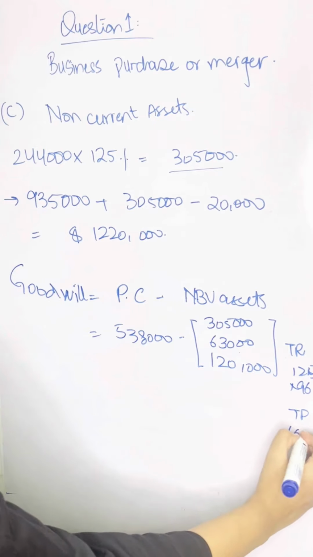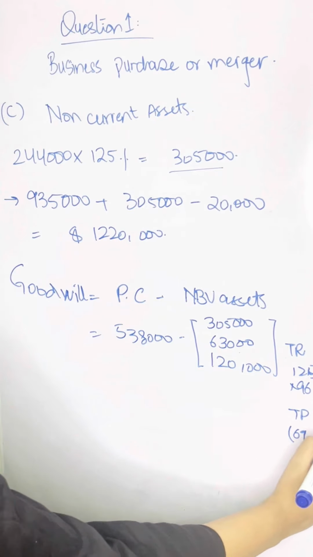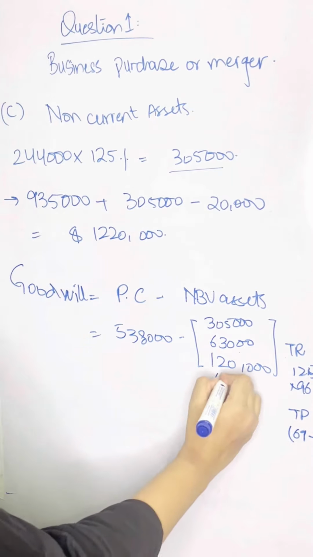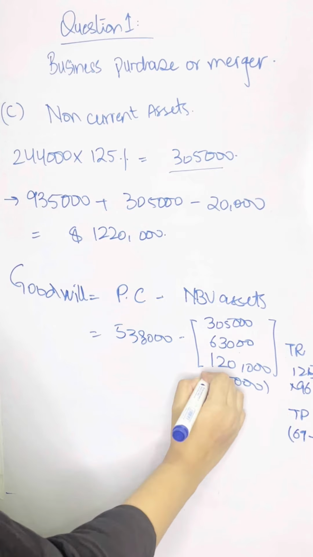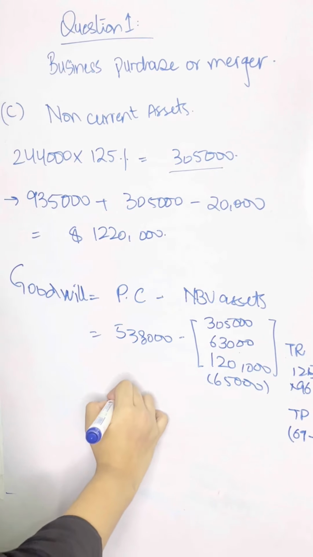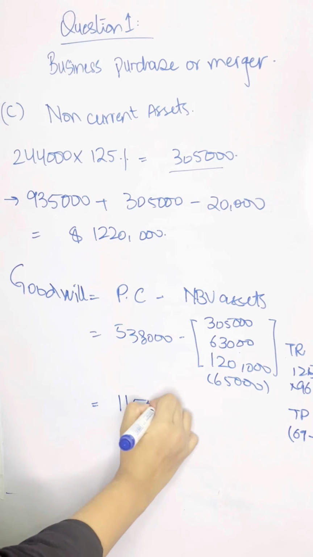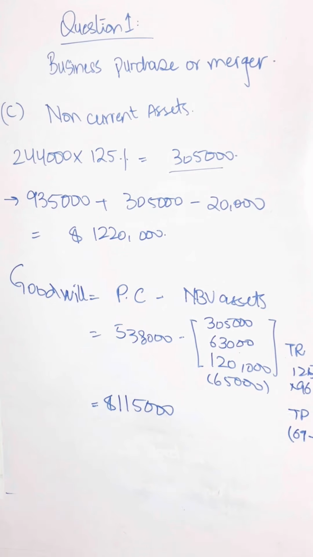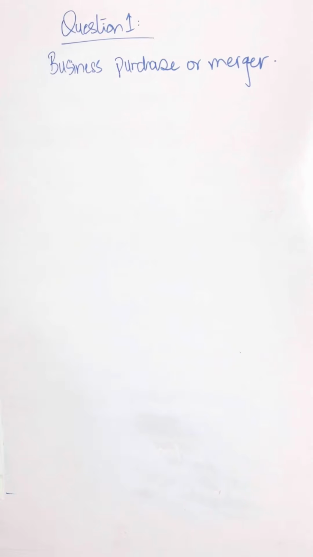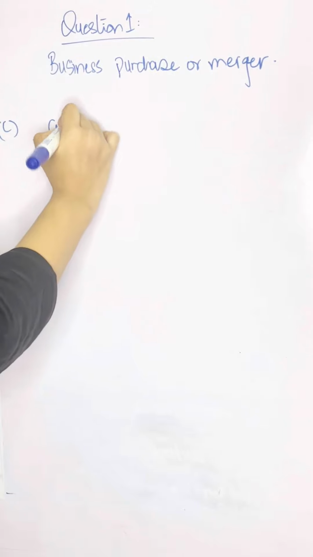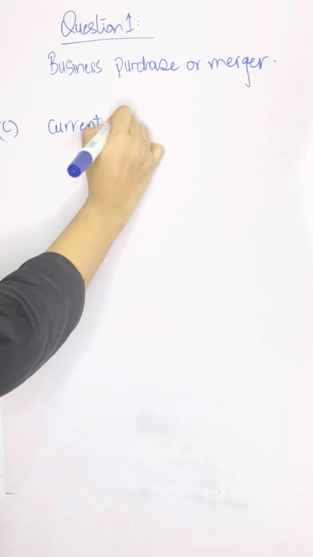So 69,000 were the total trade payables, 4,000 you received discount, hence it is 65,000, and that is supposed to be calculated. After the calculation, you receive a total of 115,000.